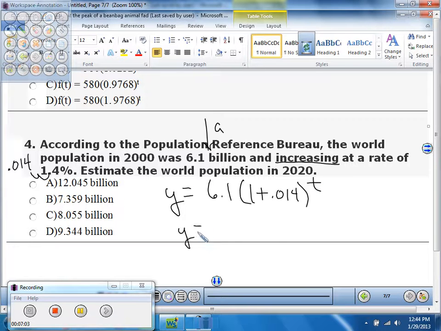So to clean this up, it would be 6.1 times 1.014 to the t. Now from the year 2000 to 2020 is 20 years. Our rate was per year, so we're going to put in 20 here.